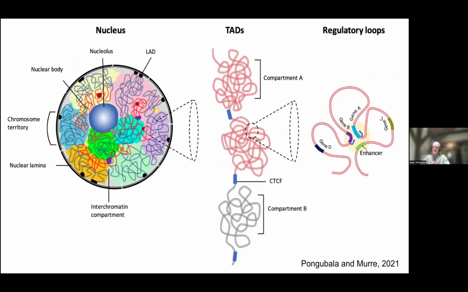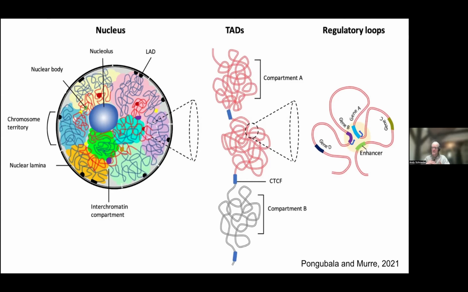So here's a cartoon of how we think of things. On the larger scale in the nucleus, you have chromosome territories, interchromatin compartments, domains characterized by their association with certain structures in the nucleus.